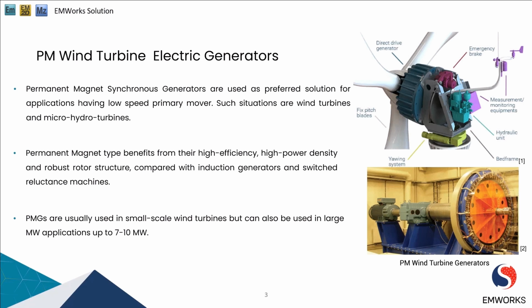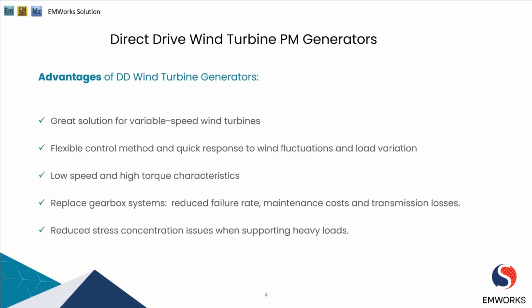However, their potential is not limited to small-scale applications. These generators can also be utilized in large-scale projects reaching capacities of 7 to 10 megawatts, showcasing their versatility and scalability.